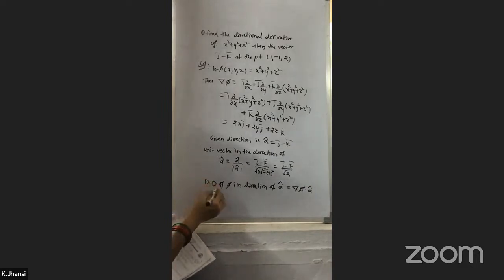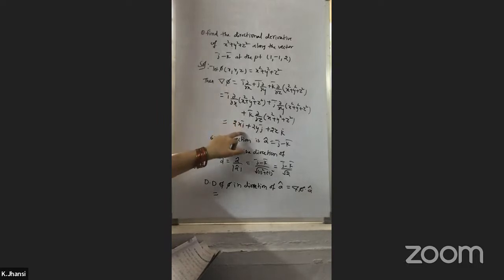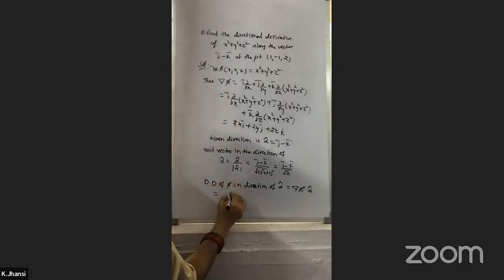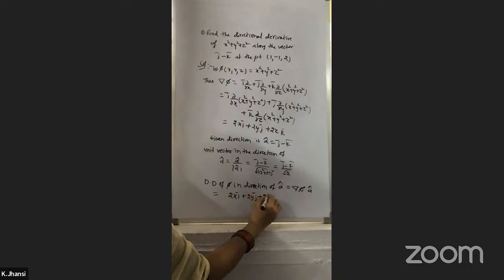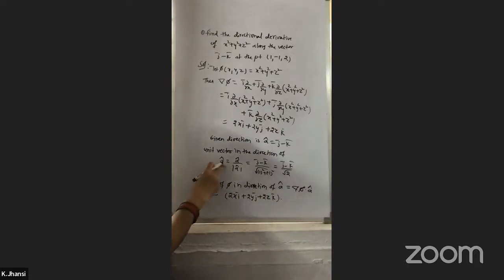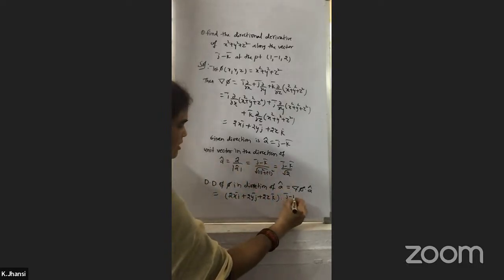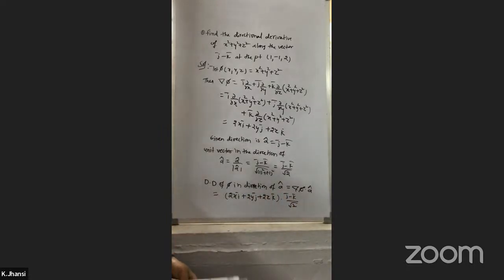So del phi value is 2x i plus 2y j plus 2z k, and the unit vector value is j minus k by root 2.